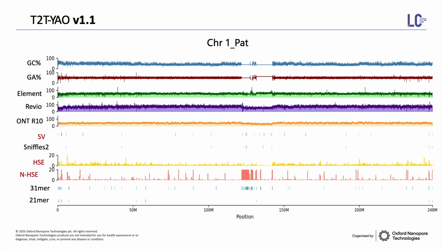In our initial version of T2T-YAO, this method identified hundreds of times more assembly errors than the 21-mer-based estimation, with over 70% related to homopolymers.